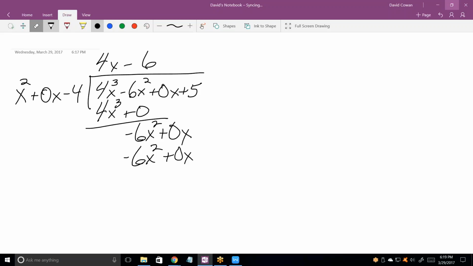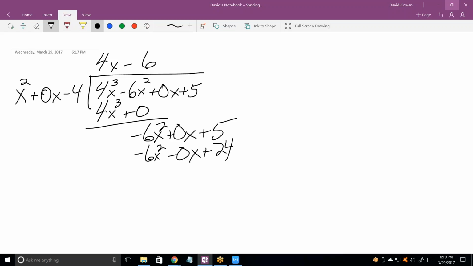Hold back up. When I subtract, I get minus 6x squared plus 0x. I guess I have to bring down the 5 also. Now, when I multiply, that gives me minus 6x squared minus 0x plus 24.